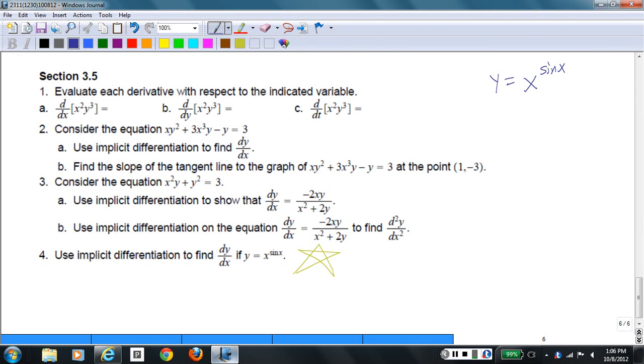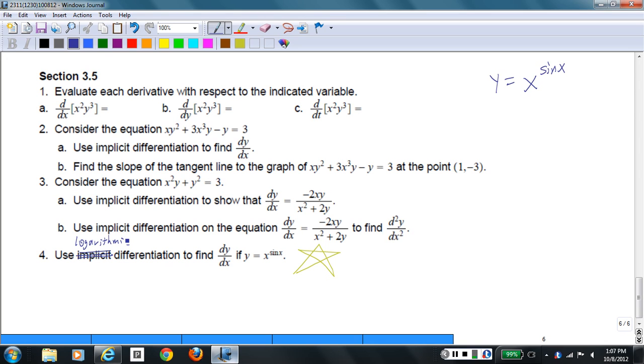So what we want to be able to do is use the properties of logarithms to get the sine x out of the exponent. It says implicit differentiation, and although implicit differentiation does come into play, more specifically, it really should say logarithmic differentiation. Because step 1 is take the natural log of both sides.